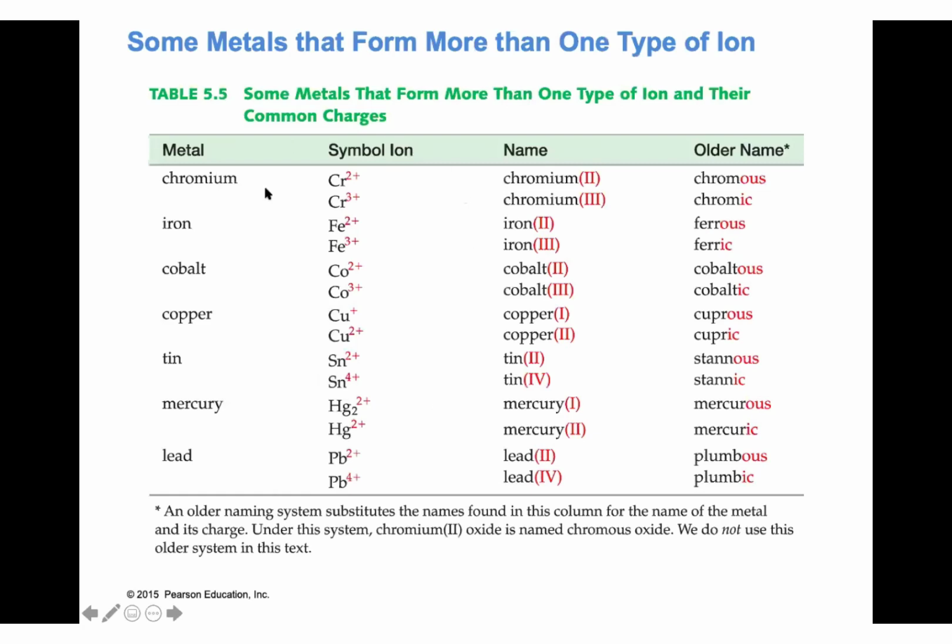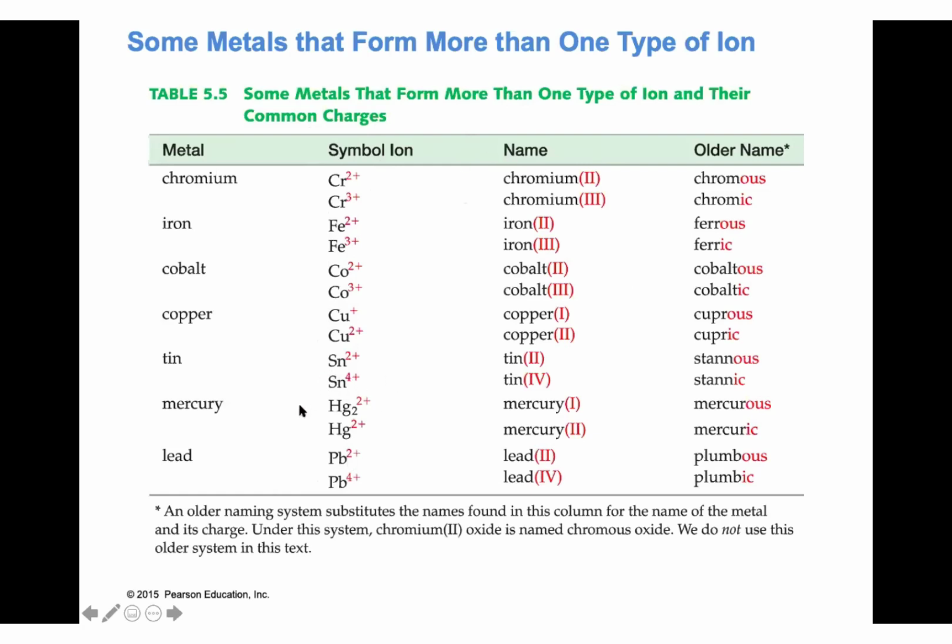These are the ions with more than one type of charge, like iron I talked about, chromium with 2 plus, 3 plus, cobalt 2 plus, 3 plus, copper, tin, mercury, and lead. I'm not going to give you more than this in the exam, okay? So I want you to memorize this.